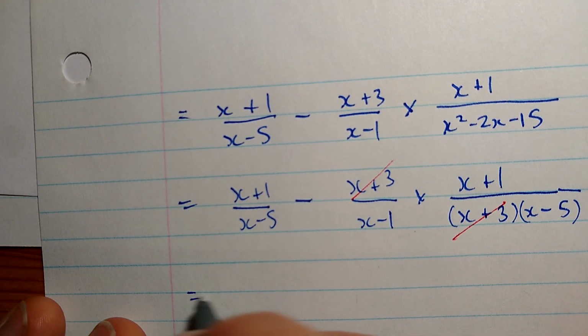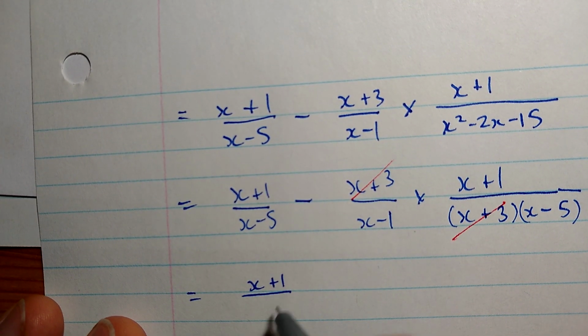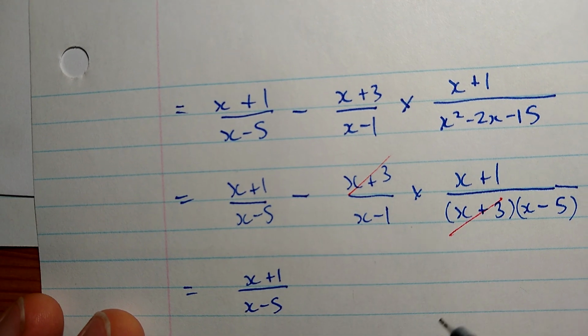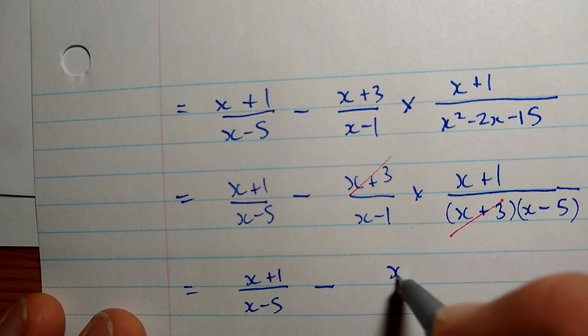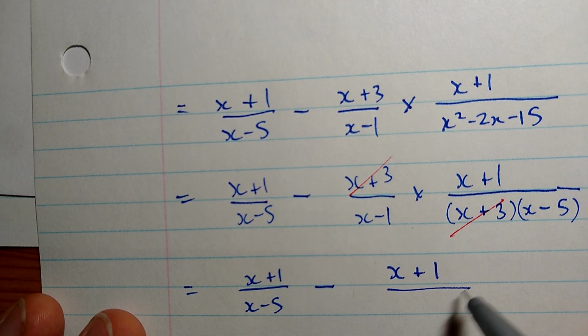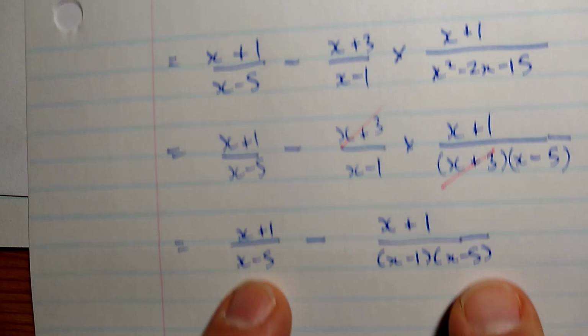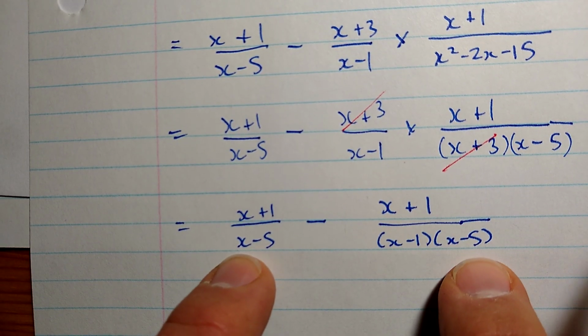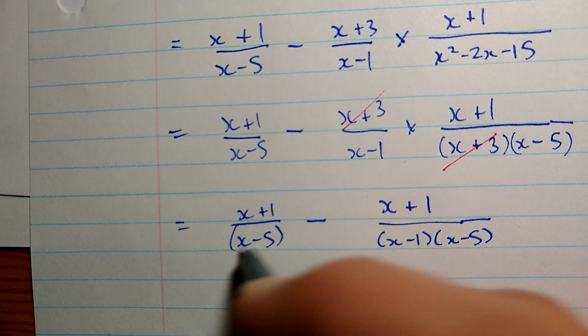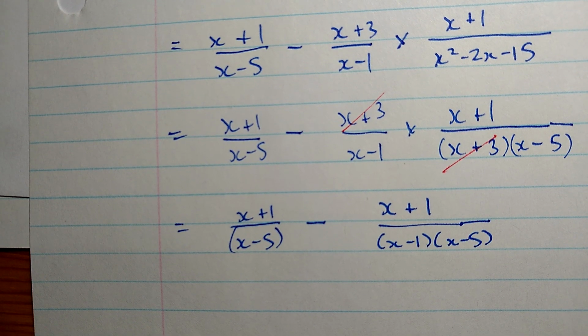Let me just rewrite what we have. We have x plus 1 over x minus 5, and then x plus 1 over x minus 1, x minus 5. Okay, well that's nice, because once again we have a factor on the bottom that is in common.